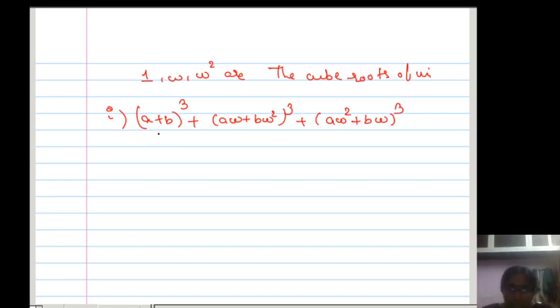First, a plus b whole cube you can directly expand: a cube plus b cube plus 3a square b plus 3ab square. Otherwise, a omega plus b omega square whole cube is again a cube plus b cube plus 3ab into a plus b. Here also a cube plus b cube plus 3ab into a plus b. If you expand that, you may get the answers. So how to simplify?